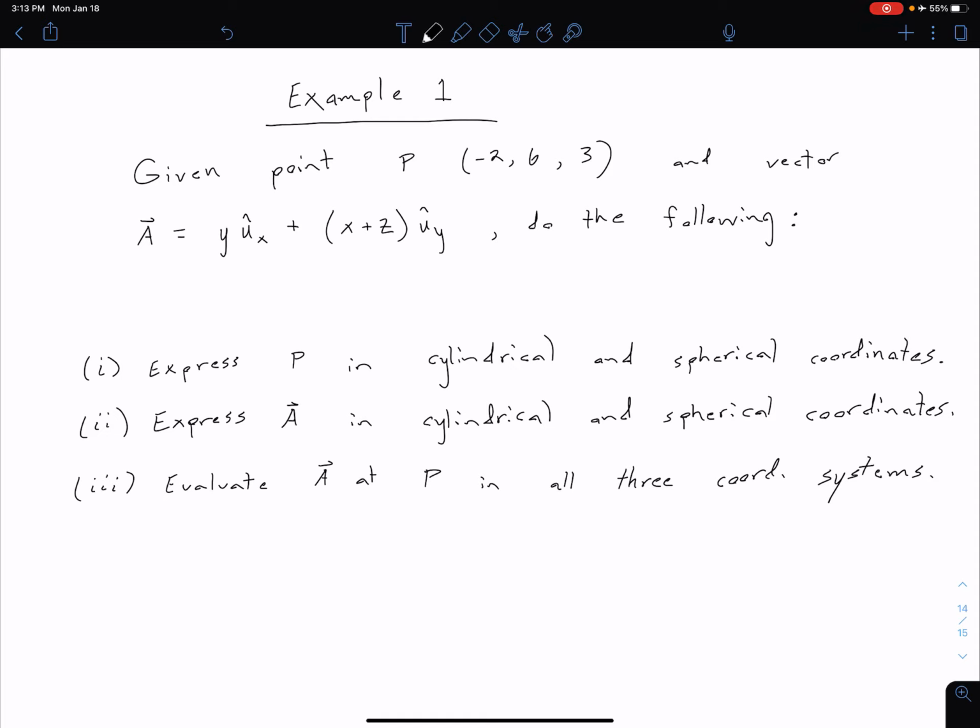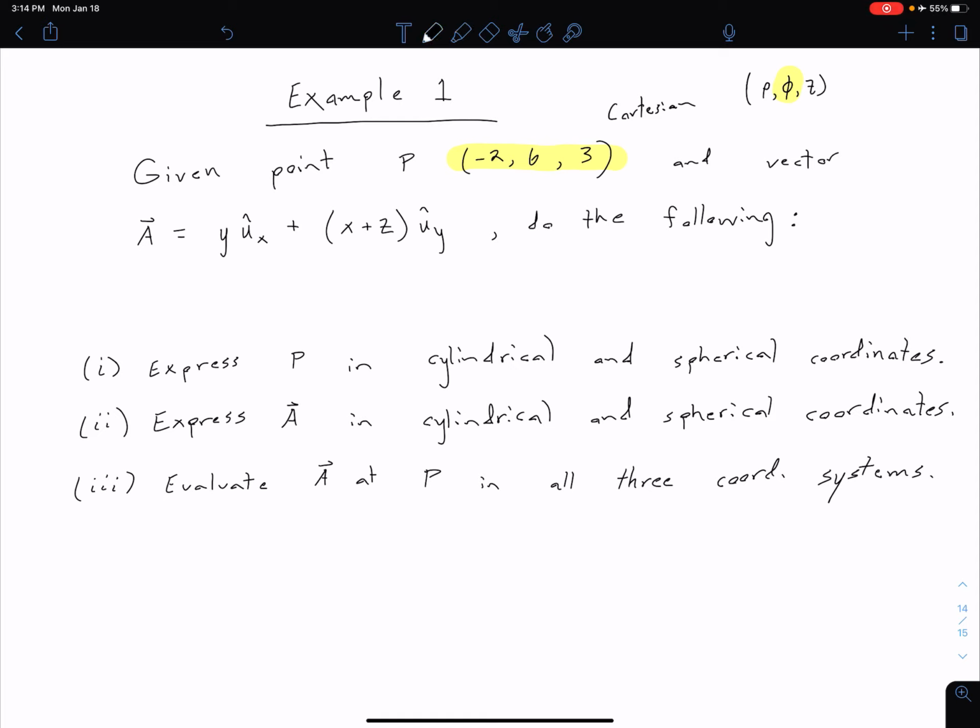So first, our point P, which is (-2, 6, 3). Right away, I can say that this is a Cartesian point. The reason I can say that is because none of our three quantities there are an angle. Remember, for our cylindrical, we have rho, phi, and z, so of course we would expect to have an angle, typically reported in degrees, but maybe radians, for that middle term.